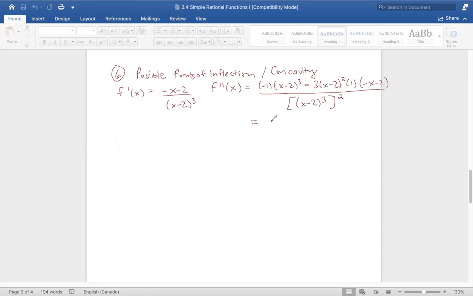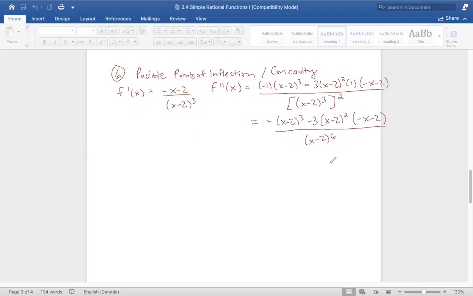So I end up with negative (x minus 2) cubed. And then here I would have negative 3, basically just times 1. Everything else is in brackets. I'm really just getting rid of actually writing down the number ones. Then (x minus 2) squared, and then negative (x minus 2), and then cleaning up the denominator to be (x minus 2) to the exponent of 6, because I'm multiplying those.